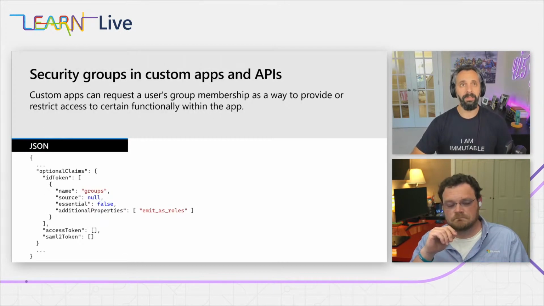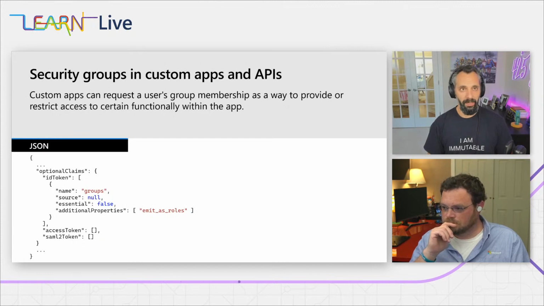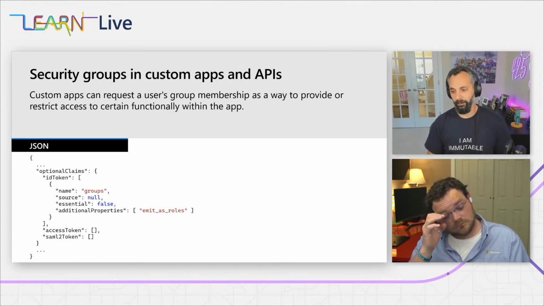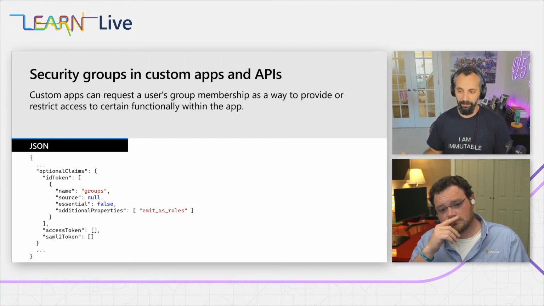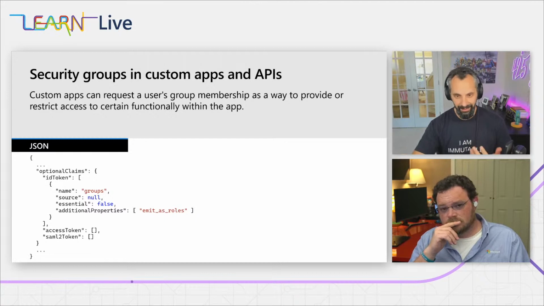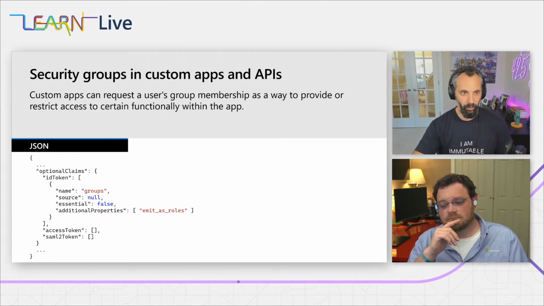Otherwise, it doesn't work. So there's not much to talk about for security groups, but me and JP have worked with people that have used security groups in the past, and they do come with certain luggage or baggage that cause issues as you start working with them.